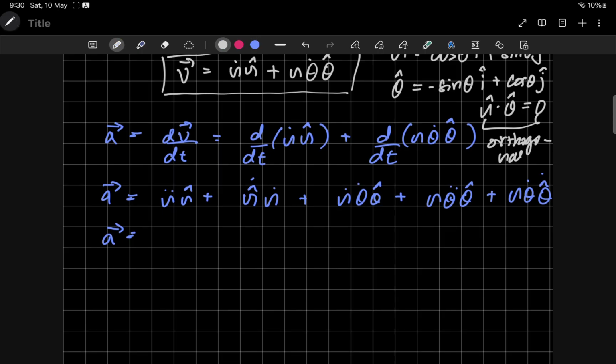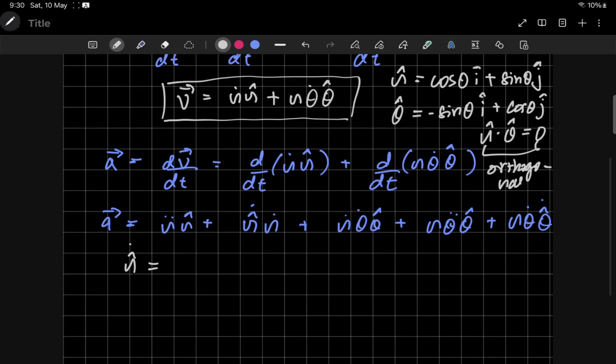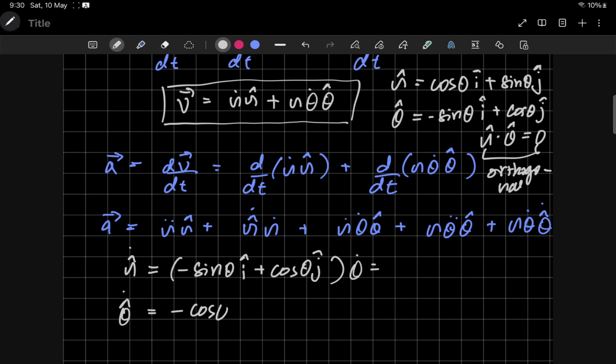Once you differentiate them, r cap dot is basically minus sin theta i cap plus cos theta j cap, times theta dot because of the chain rule, and theta cap dot is minus cos theta i cap minus sin theta j cap, times theta dot.